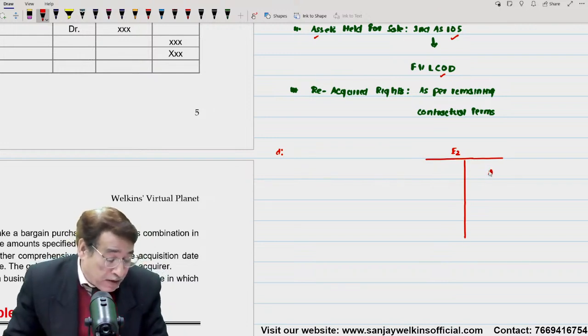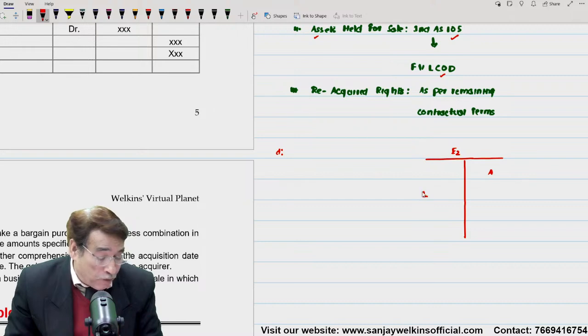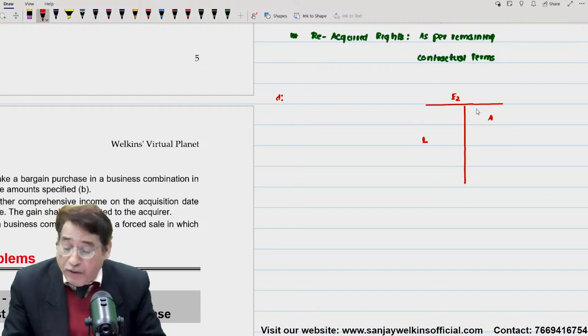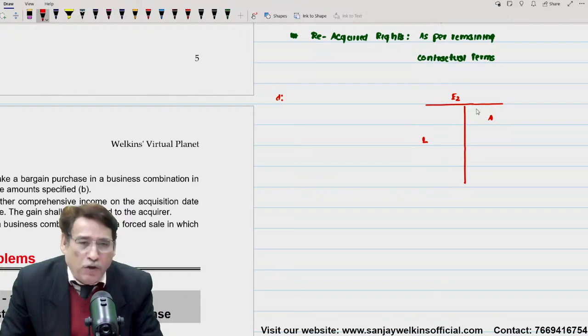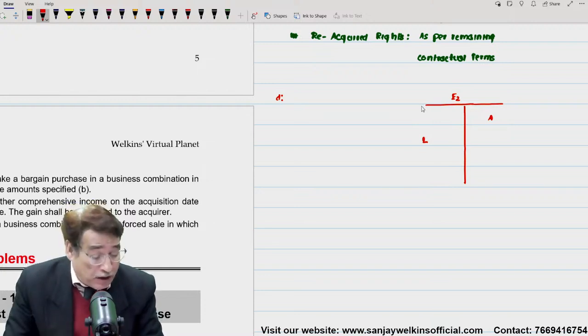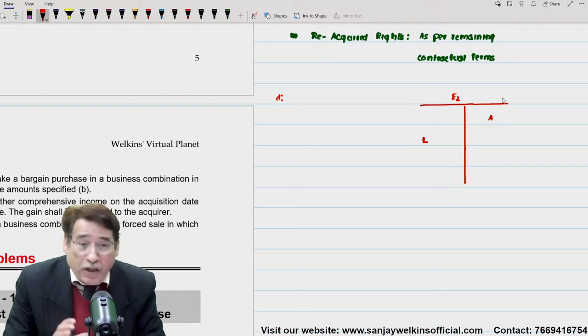Obviously, there are some assets and some liabilities in the books of acquiring company. Sometimes what happens, there might be some assets and liabilities which might not be appearing over there, due to some or other reasons, in the balance sheet of E2.